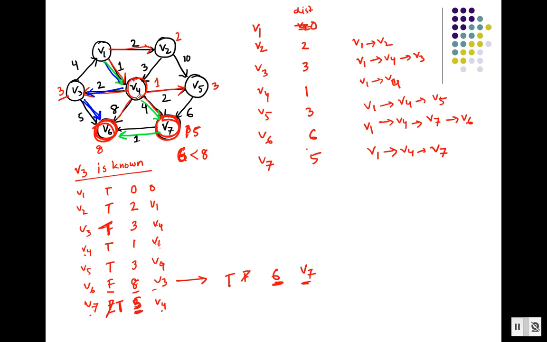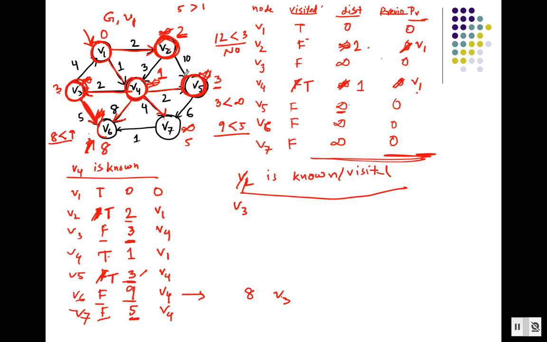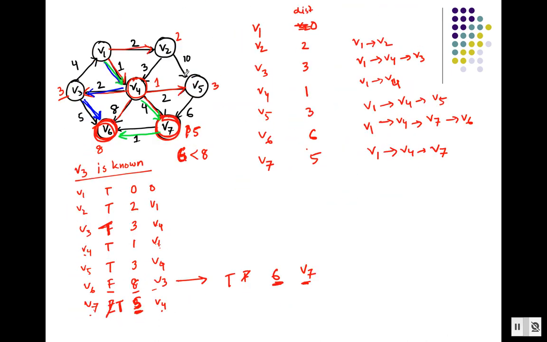Then at each stage we pick the node that has not been visited yet and that has the lowest distance value, because by picking this path there is a higher probability that from this node we can reach other nodes with the lowest distance. That's how the greedy algorithm works.